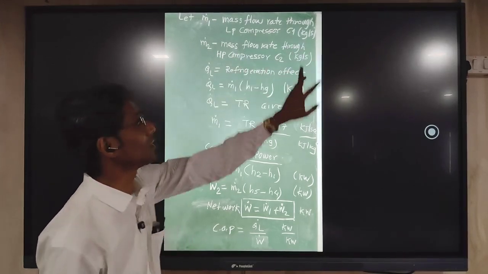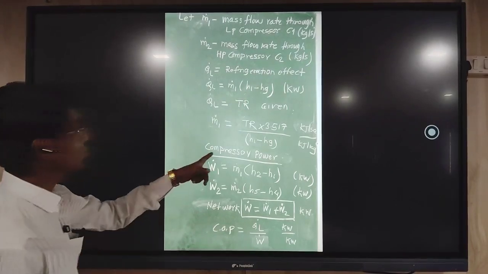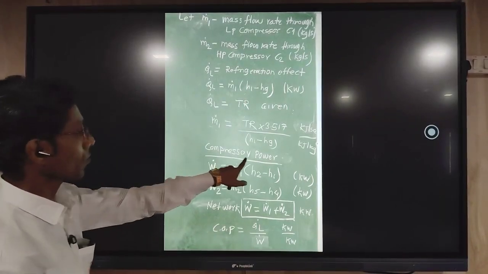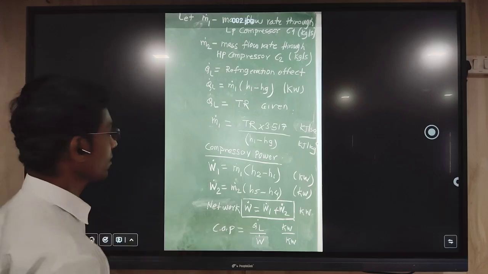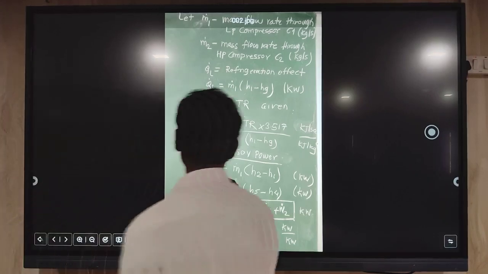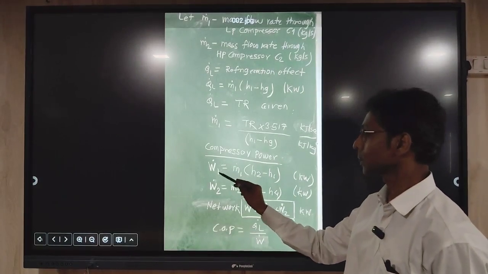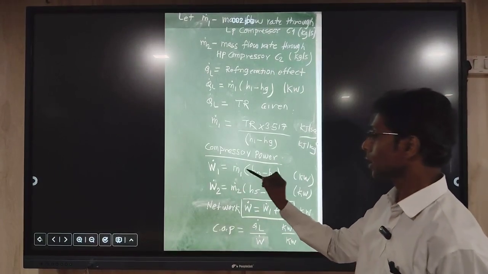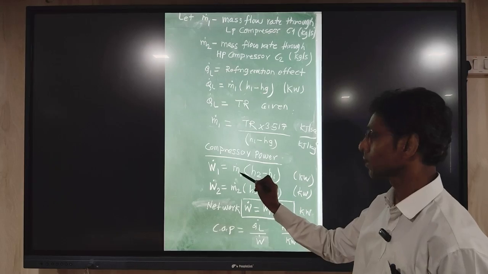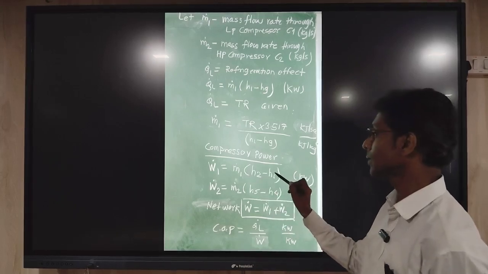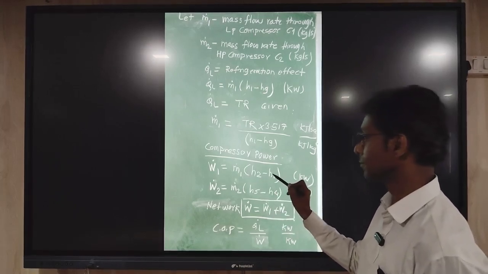The unit is kg per second. Now to write the formula for compressor work: W dot 1, the work done for compressor 1, will be equal to the respective mass flow rate m1 dot and the enthalpy difference across compressor 1.